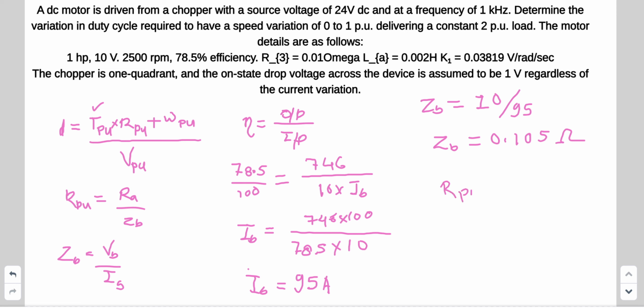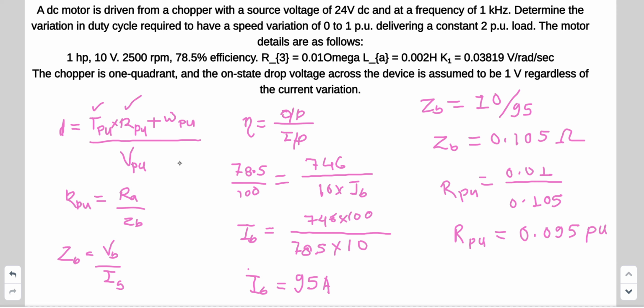R per unit is equal to R actual, which is given as 0.01, divided by Z base, 0.105. So R per unit will be 0.095 per unit.